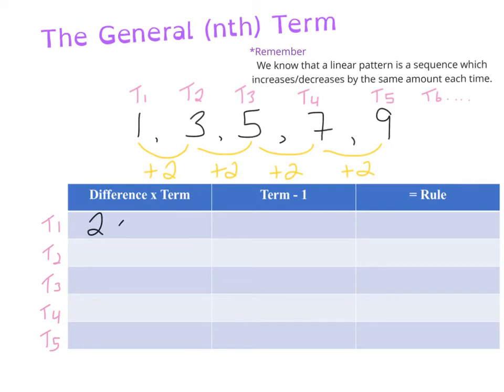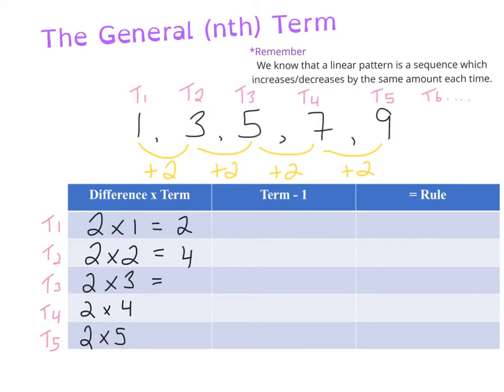It's 2 times 1, 2 times 2, 2 times 3, 2 times 4, and 2 times 5. And each one will give us an answer. So we've 2, 4, 6, 8, and 10. And that in itself reveals a pattern, an increase of 2 each time.